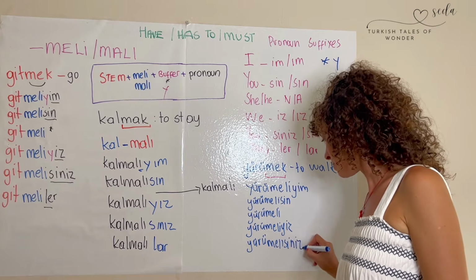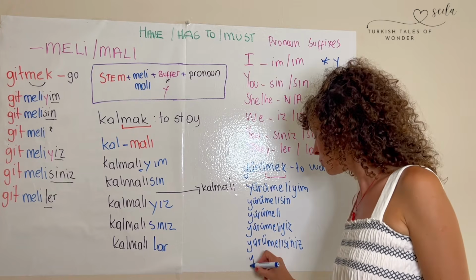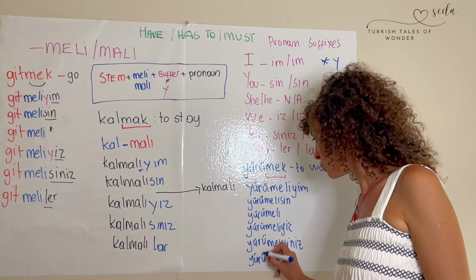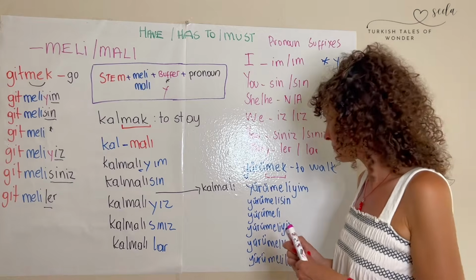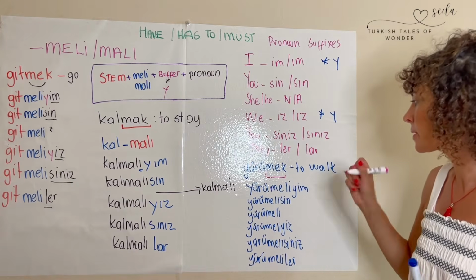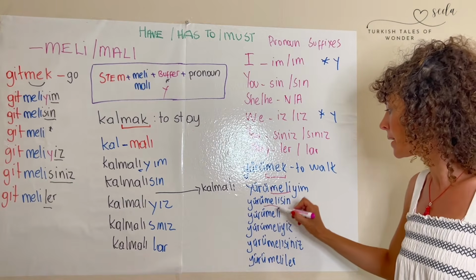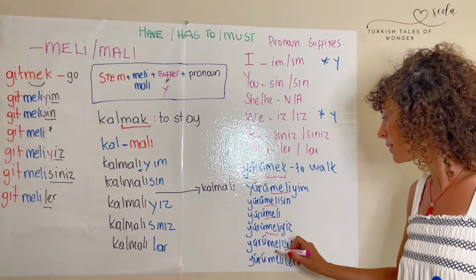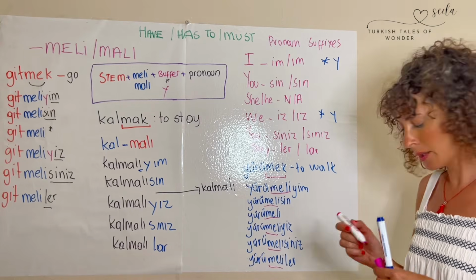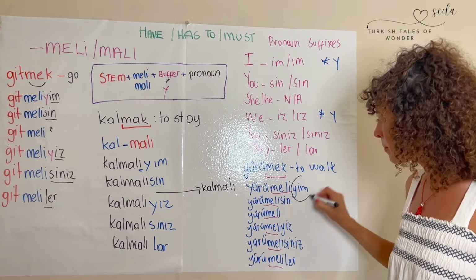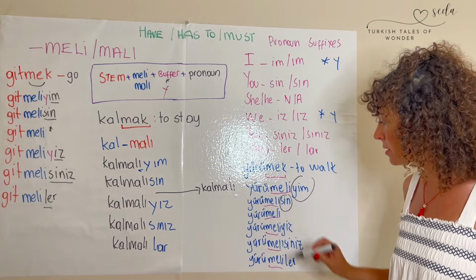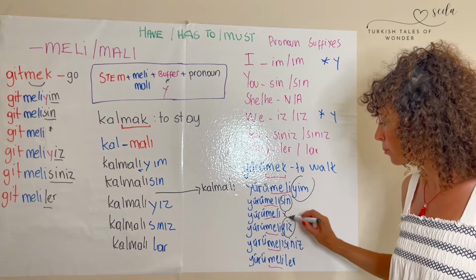I have no more place. Are you going to see this part? Yürümeliler. See? Meli. The rest is the buffer and personal pronoun.